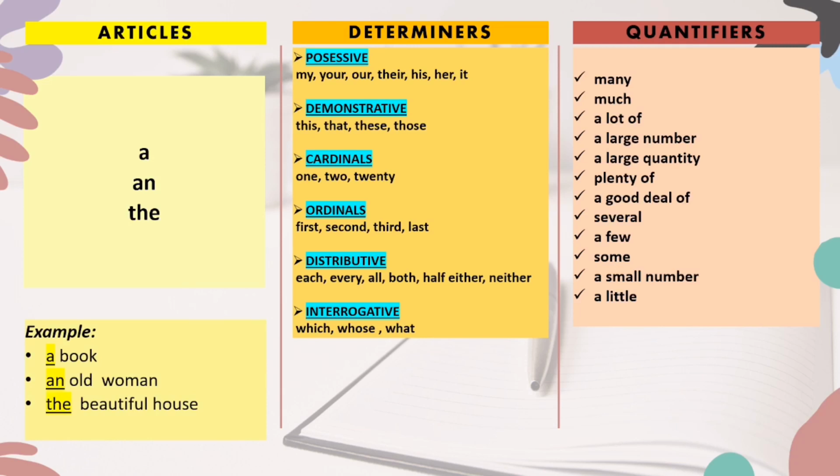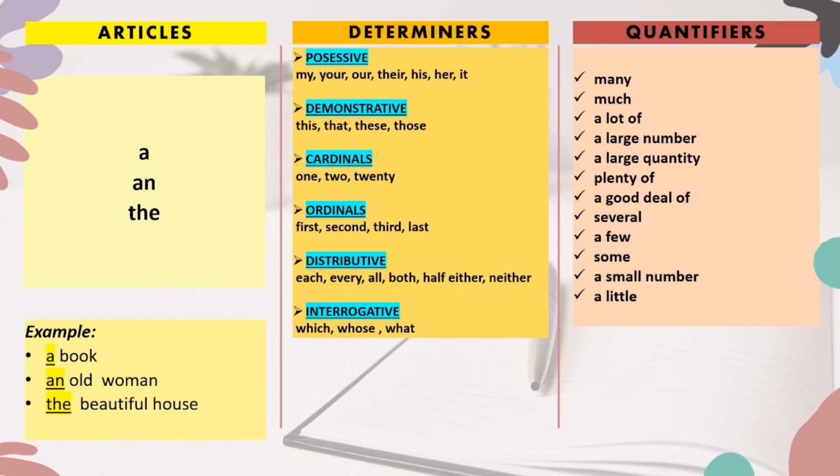Let's take a look at some examples using articles. Okay, example, you have a book, 一本书, an old woman, 一位老太婆. Okay, an old woman. The beautiful house, 那漂亮的屋子. See, the 就是那漂亮的屋子. Okay, so these are all articles before the noun.